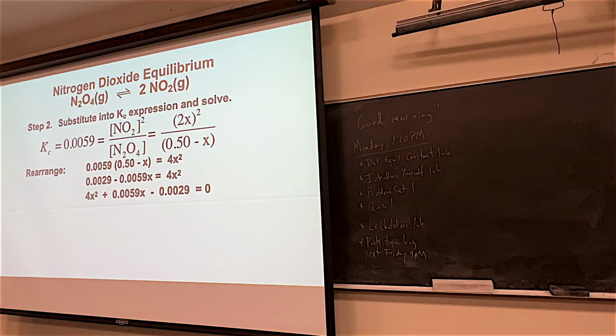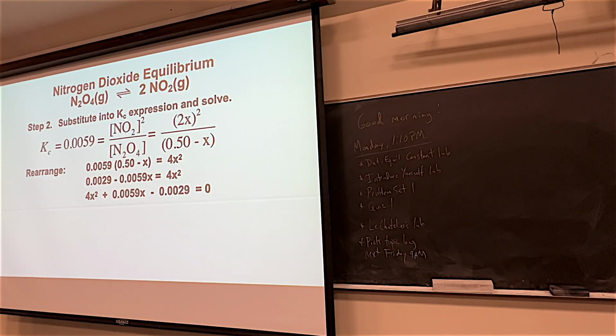Now, keeping the party going, we're going to take this number and multiply by 0.5 to get 0.0029. We're also going to take this number and multiply by minus X to get minus 0.0059X. And all of that equals 4X squared.